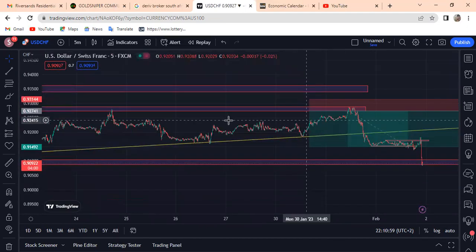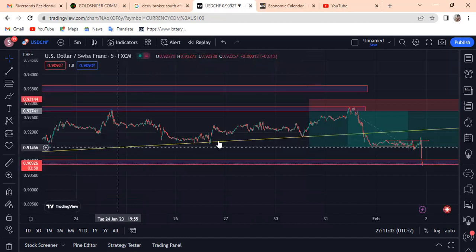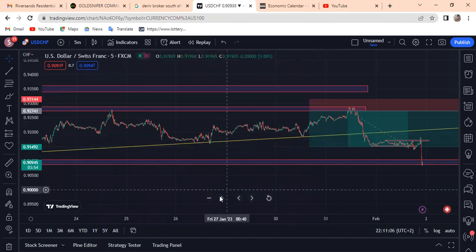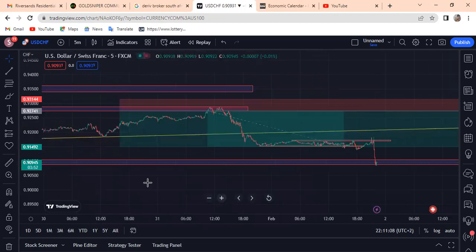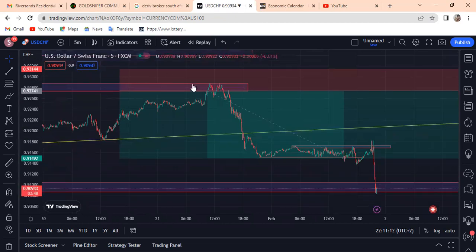So as you see, it was respecting the trend nicely, and once it reached that level, so an order block is an area of interest.